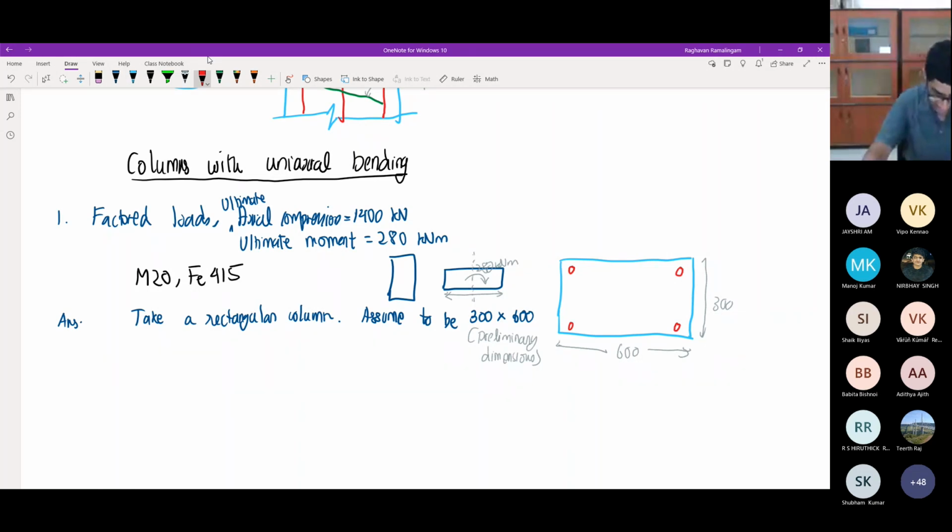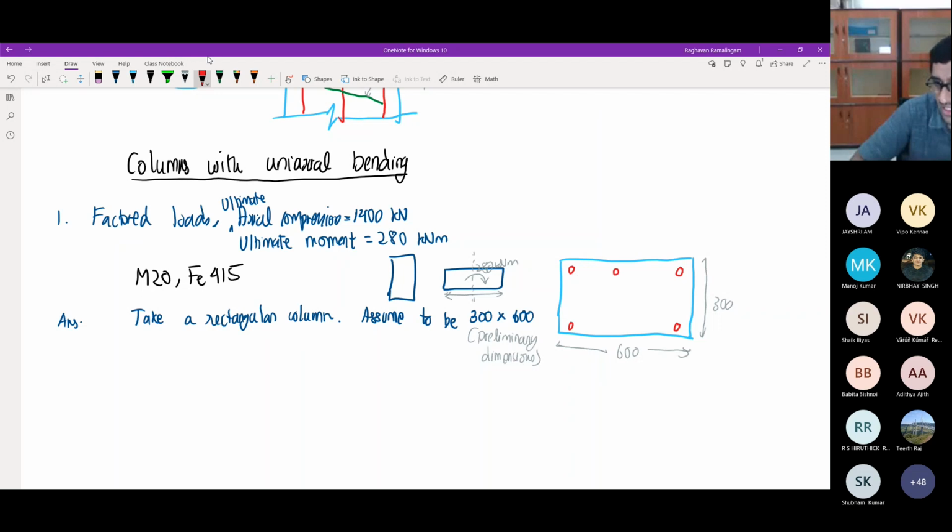At this stage, you need not assume the diameter of what you're going to use, but if you're able to, fine. Otherwise, you can just say this distance will be about 500, so at least one more bar in the middle is needed. Let me make it a bit more compact.